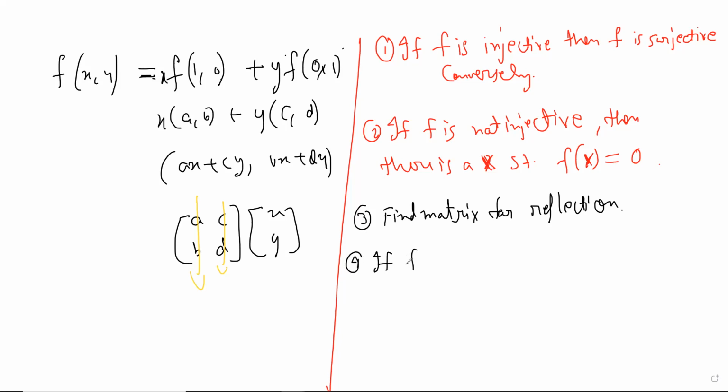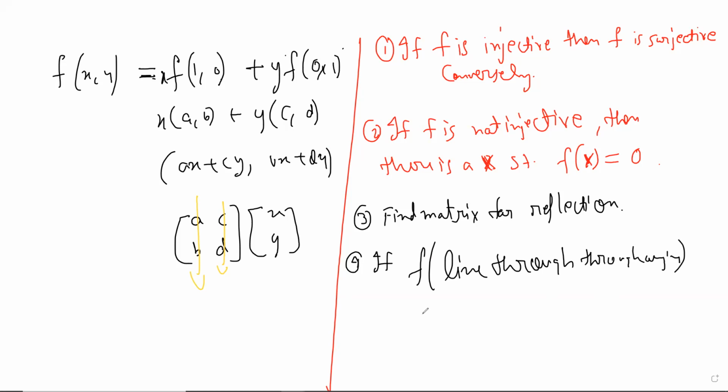If f takes lines through the origin to lines through the origin, so this is like an input, a set of inputs, right?